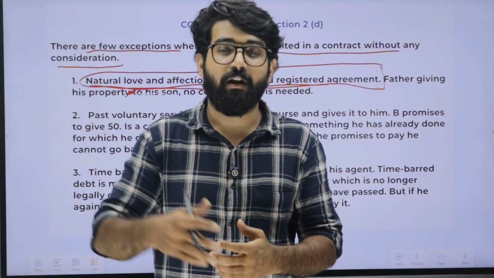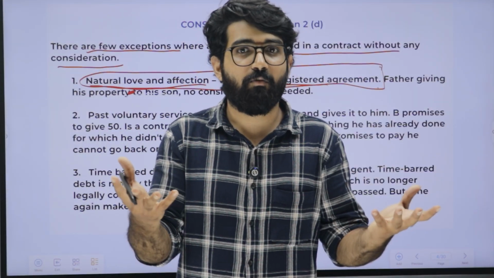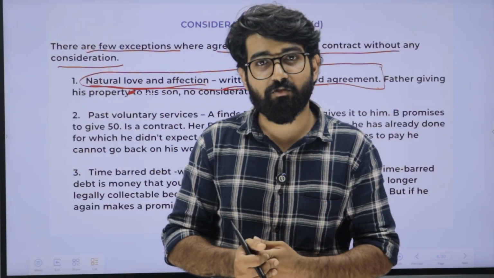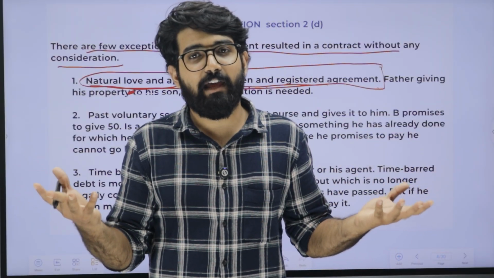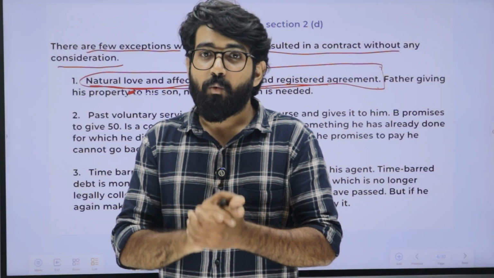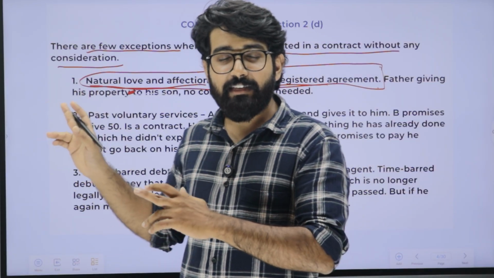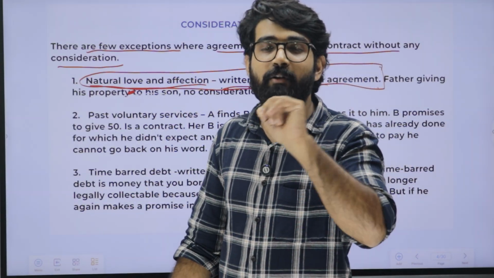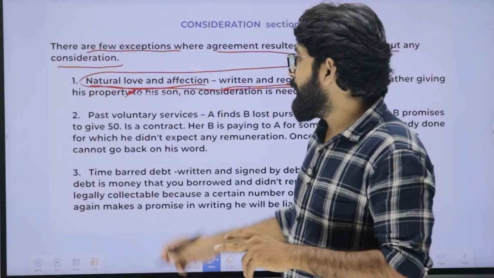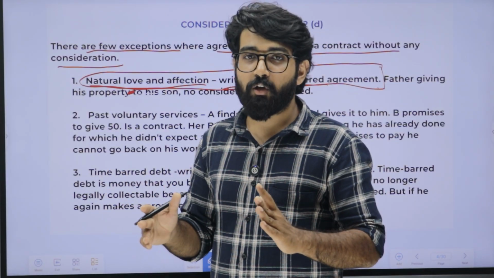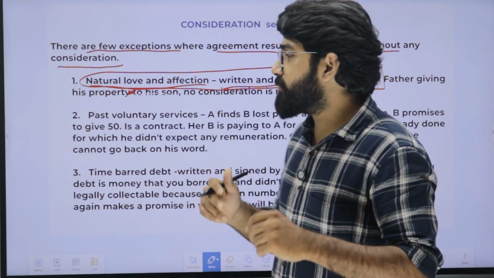He is giving it for what? Love and affection. What is love and affection? It is not a thing of value in the eyes of law. It is only valuable in the eyes of human beings. But the thing is, it is an exception to the rule of requirement of consideration. So understand that natural love and affection is an exception to the rule of requirement of consideration.